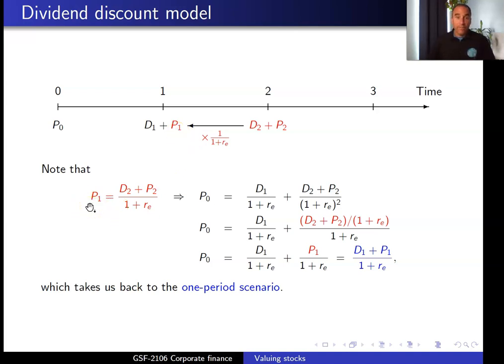Since P1 is the discounted value of D2 plus P2 over 1 year, we can rearrange the equation for P0 as the next dividend discounted over 1 year, plus D2 plus P2 divided by 1 plus RE, which gives us D1 over 1 plus RE plus P1 over 1 plus RE, which is exactly the equation we used in the 1 period scenario.